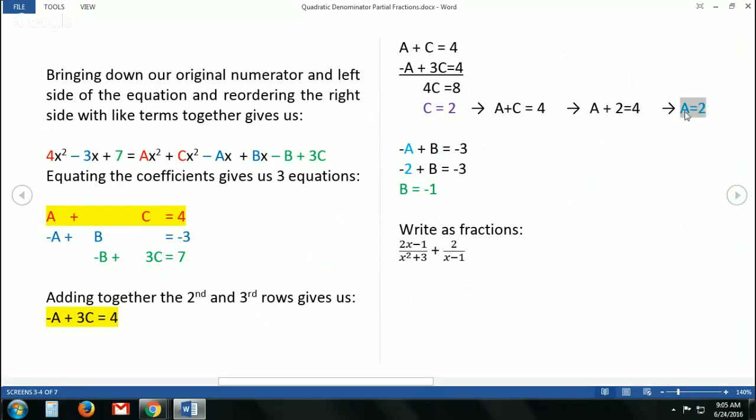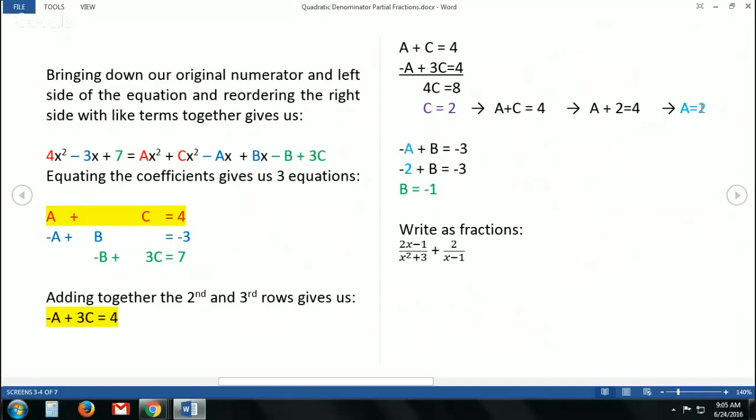So if a is 2 and c is 2, we can figure out b pretty easily now as well. Remember the line over here that said -a plus b equals -3? Let's use it, -a plus b equals -3, and see if we can figure out what b is going to be.